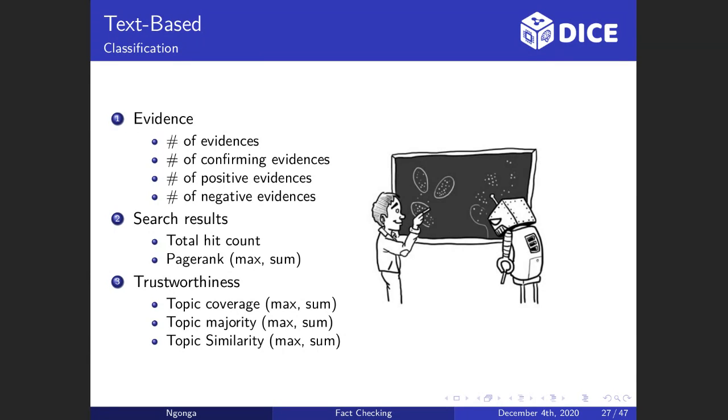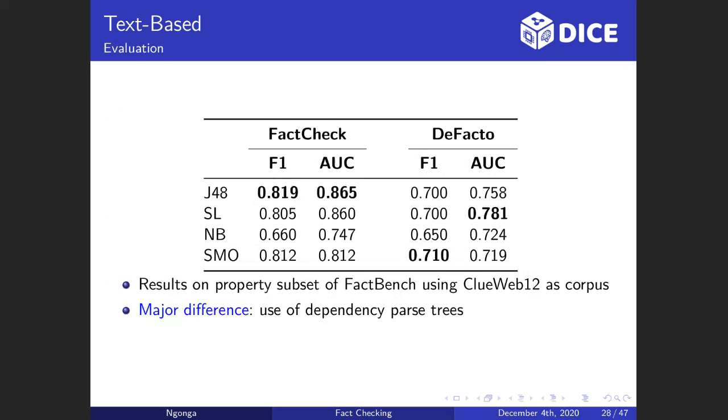Again, for the final classification, you remember we had trustworthiness scores, we had confidence scores, and we needed a final classification. For the final classification, you're also going to need a bunch of features. These are some of the features that were used, but of course, there is a lot of potential here to use automated feature engineering. And these are the kind of results that you get when you try this.